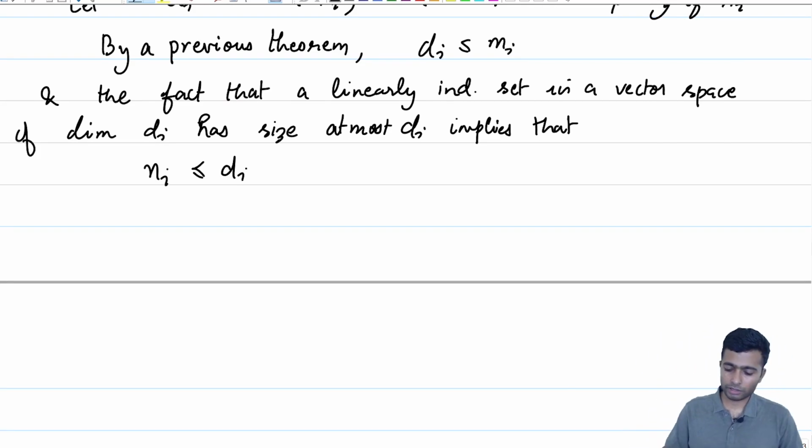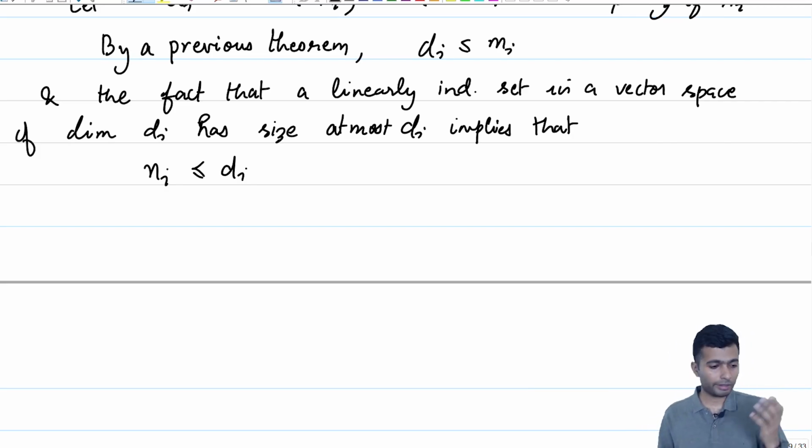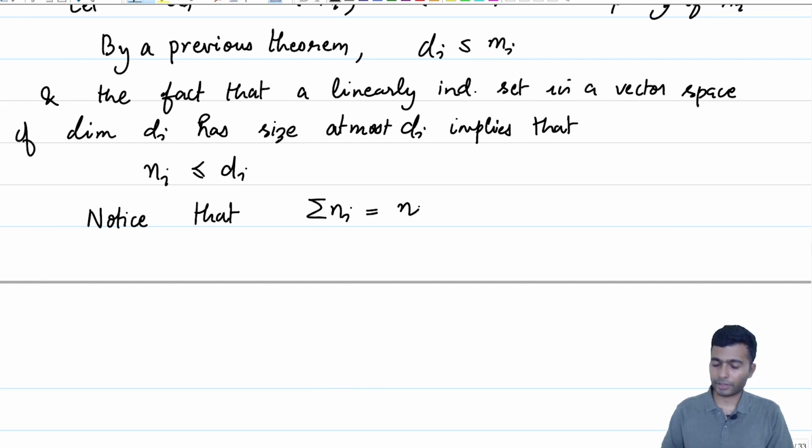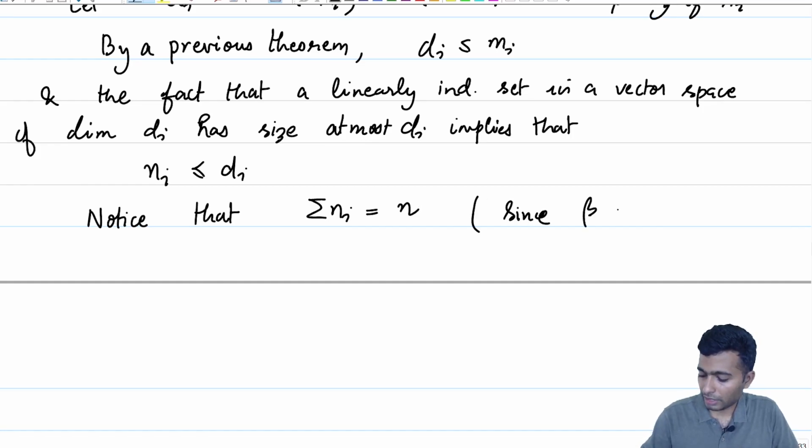But we know a few things about Ni, namely that summation Ni is equal to n, because summation Ni is the number of vectors in beta, which is a basis of V, and therefore this is equal to n, since beta is a basis.